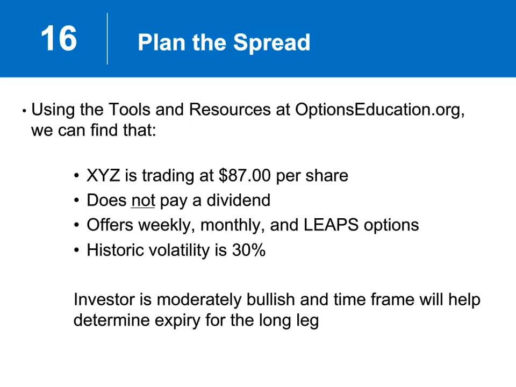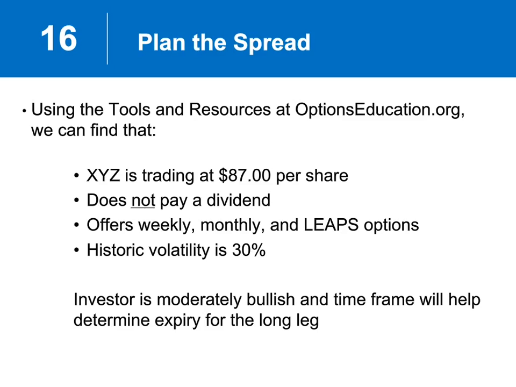Using the tools and resources at optionseducation.org, we can find that company XYZ, the world famous company XYZ, is trading at $87 per share. It does not pay a dividend. We also can see that XYZ offers weekly, monthly, and leap options.